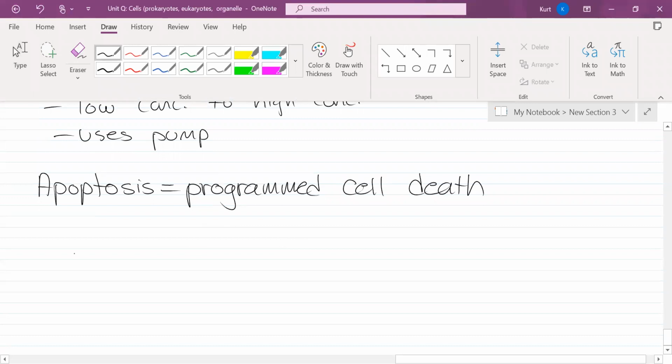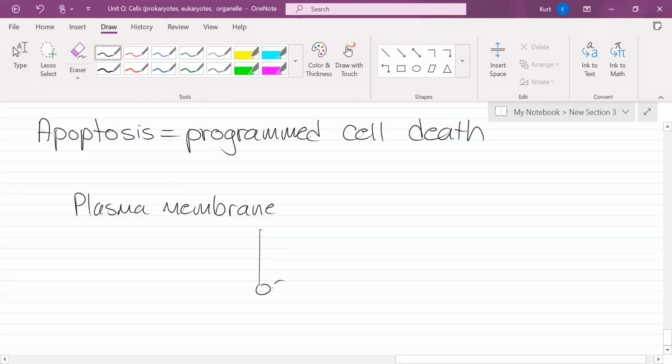Here's my last part for you, plasma membrane. If the bell rings, just stick around for 30 seconds if you can. I want you to draw a brief portion of a plasma membrane.